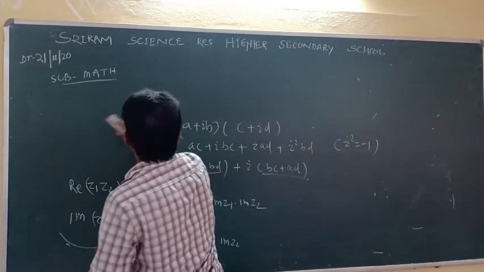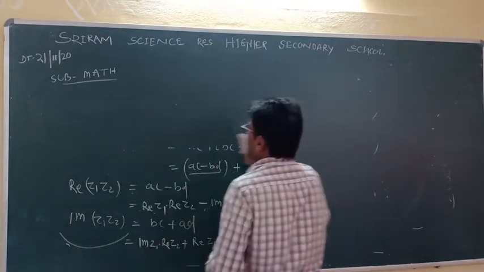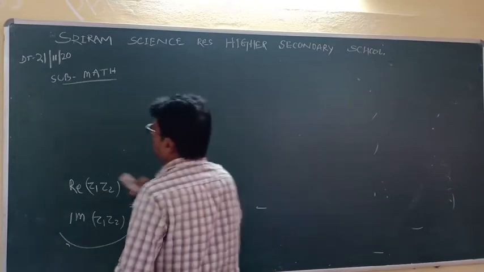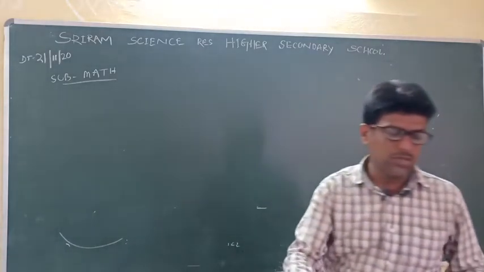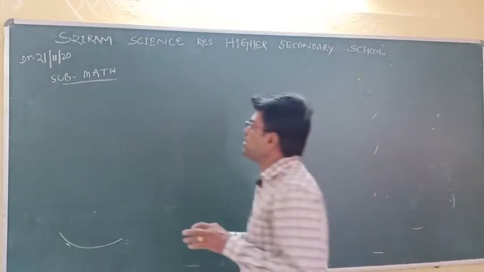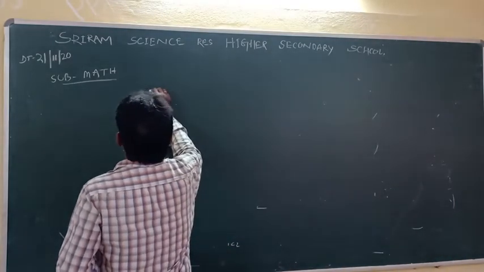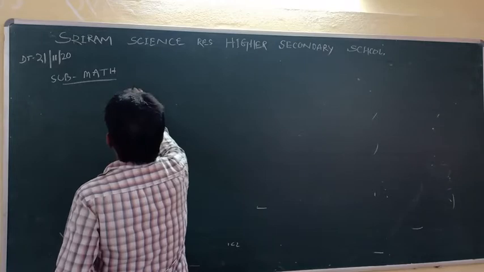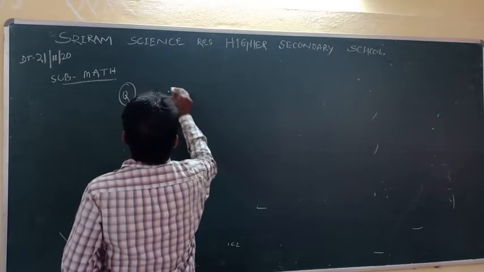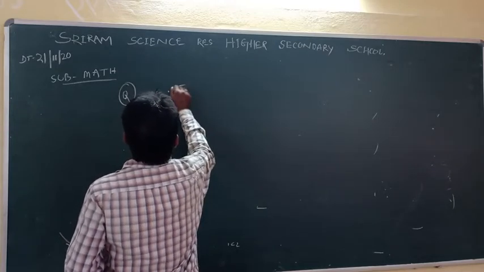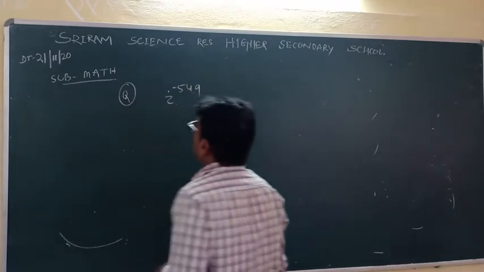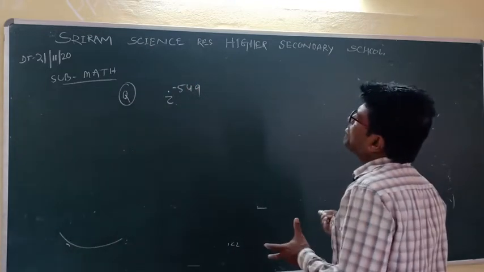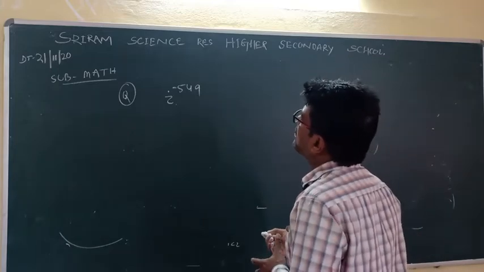Now, I already told you about the problems of toppers that I faced today from 8 a.m. to 9 a.m. in this session. The problem is of this type, I will just give you a clue. That question is one question of toppers: i to the power minus 549.